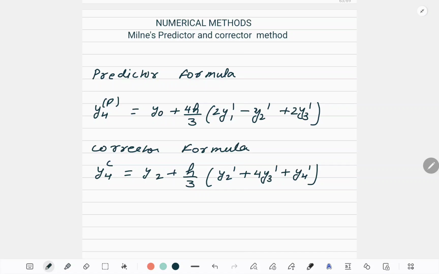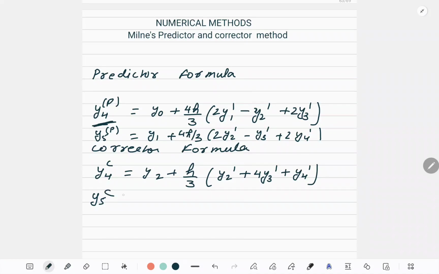Now here one more thing you need to observe: it starts from y4, which means I should have the y0, y1, y2 and y3 values. In the same way I can find y5 also. If I want to find y5, I can modify this predictor formula as: y5 predictor is equal to y1 plus 4h by 3 into 2y2 dash minus y3 dash plus 2y4 dash, which means whatever the subscript is, increase it by 1.